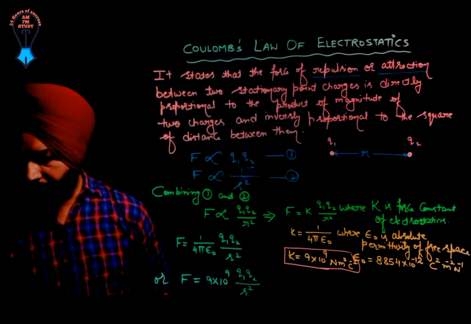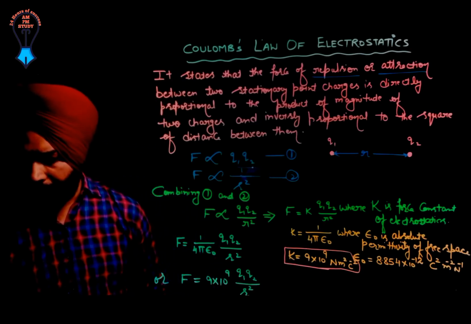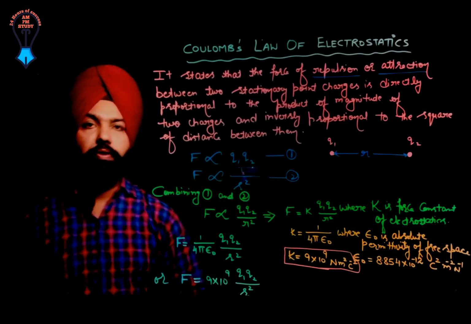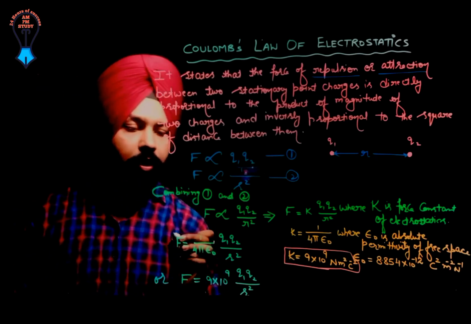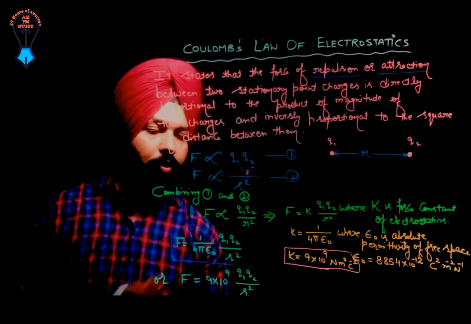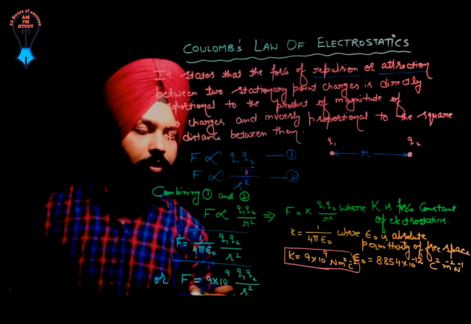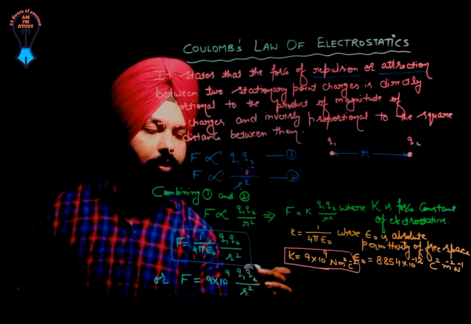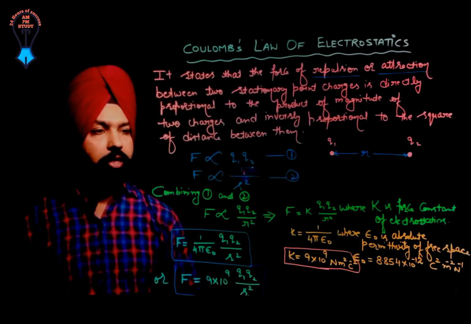So this is the mathematical expression of Coulomb's law in electrostatics. F is equal to 1 by 4 pi epsilon naught Q1 Q2 by R square, and this is for numericals.